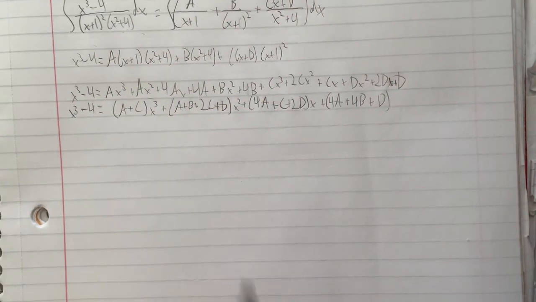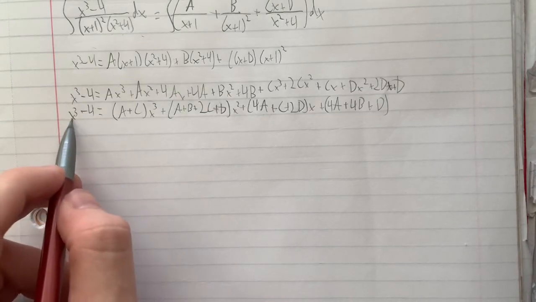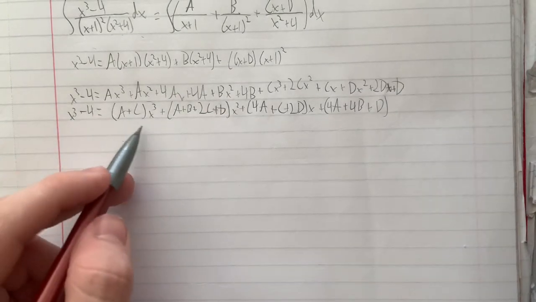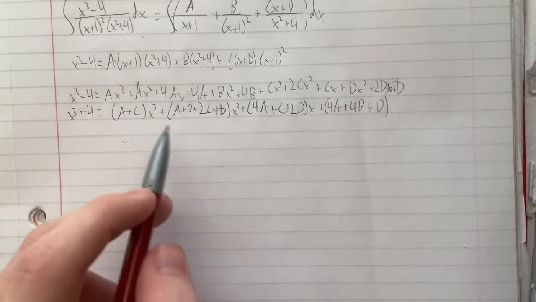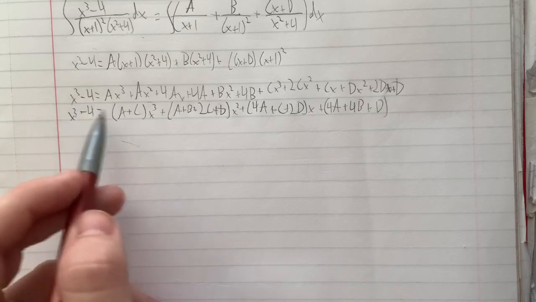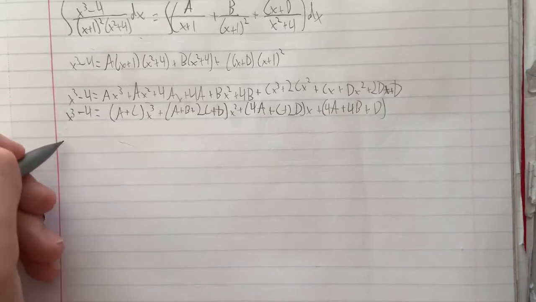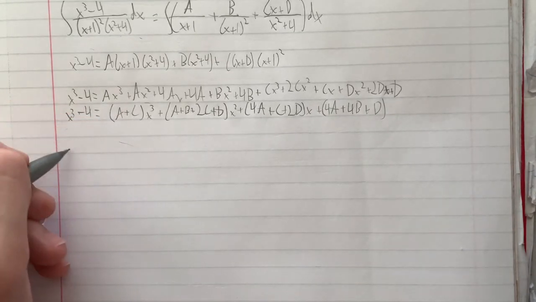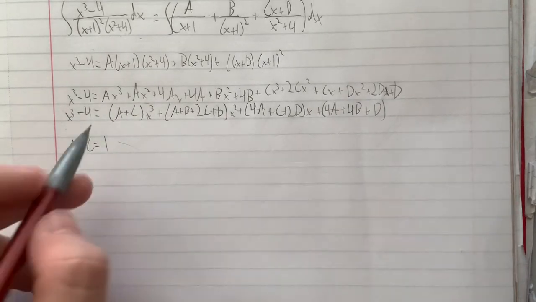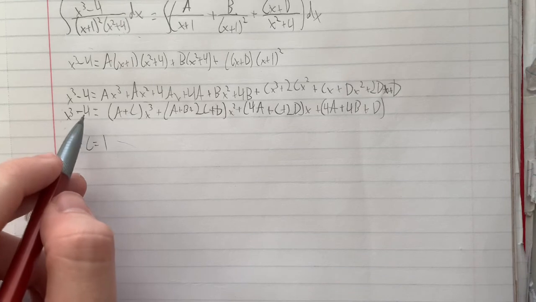All right, now what can we do with this? Well, since we have x cubed equal to a plus c times x cubed plus something, no matter what all this is, this x cubed is going to be the same as this x cubed. That means the coefficient 1 is going to be equal to this coefficient, a plus c. So we have a plus c equal to 1. Now, there's no quadratic term, and there's no linear term.